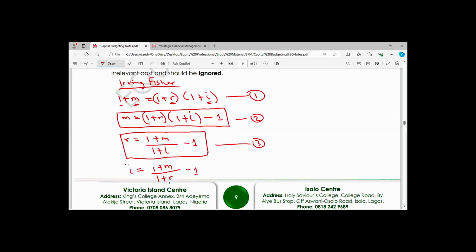That's it. This is how to calculate general inflation rates. So these are the formulas for calculating money cost of capital, real cost of capital, as well as the general inflation rate.